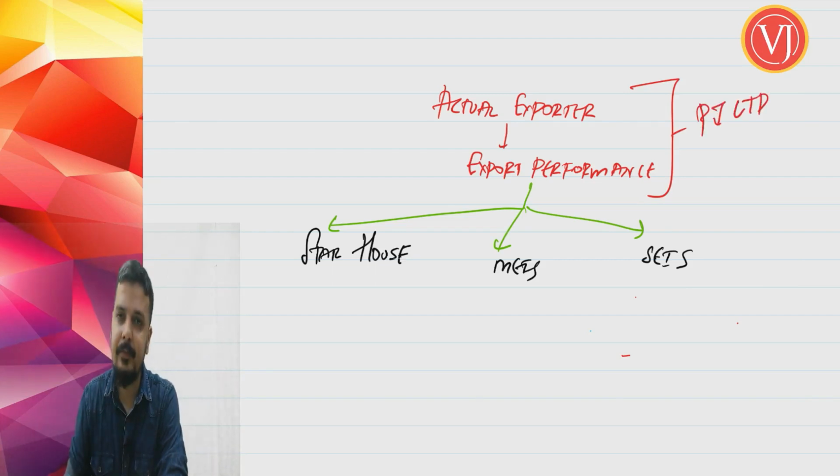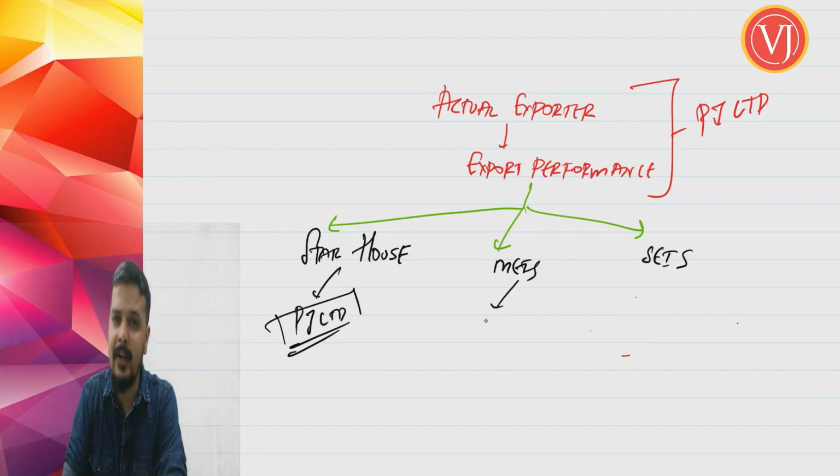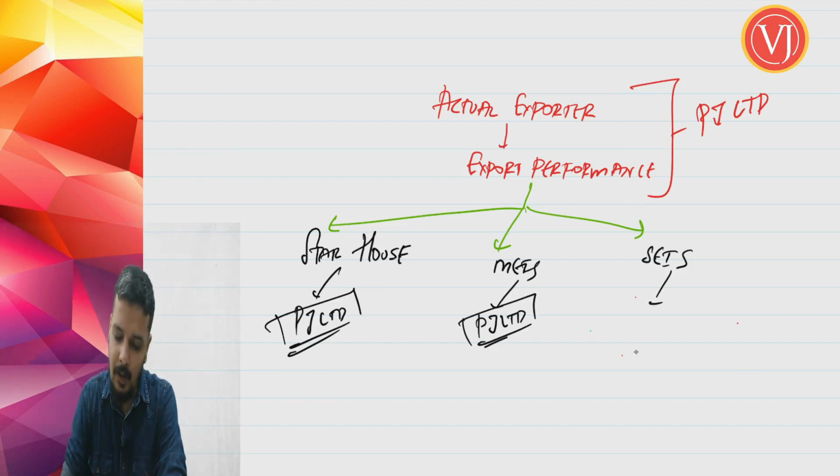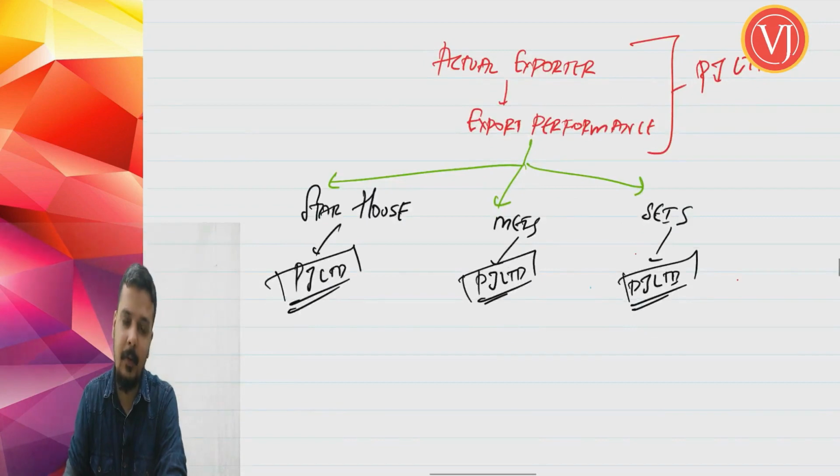Right, so it will be counted in export performance, export turnover only of PJ Limited. In star house category, it will be counted only in export turnover of PJ Limited. Even in MEIS and SEIS, it will be counted in export turnover only of PJ Limited. So till this, it is only PJ Limited. VJ is not coming into the picture.